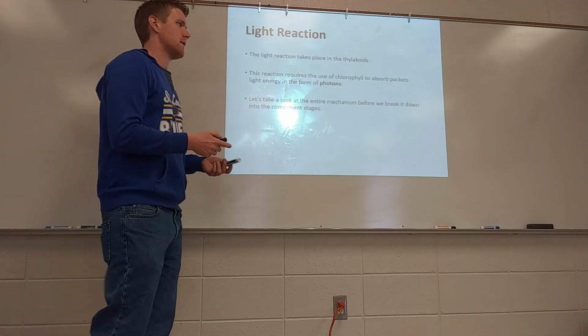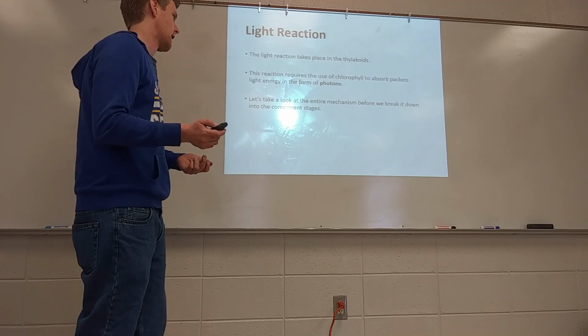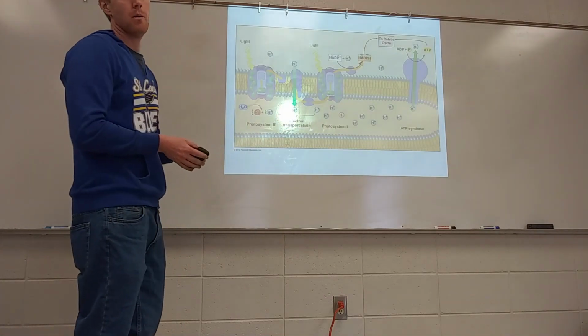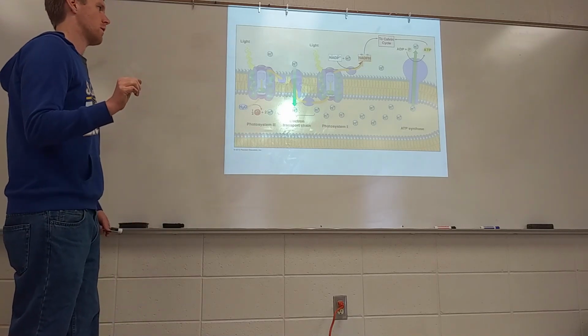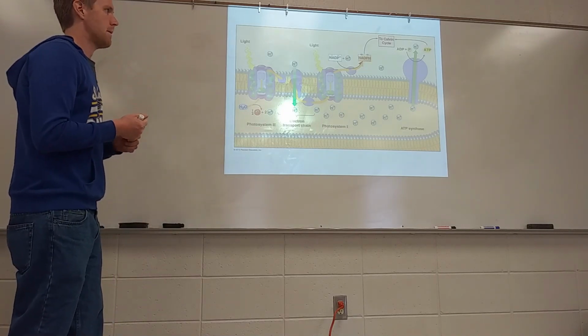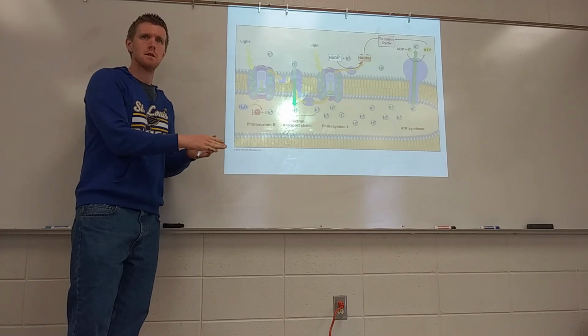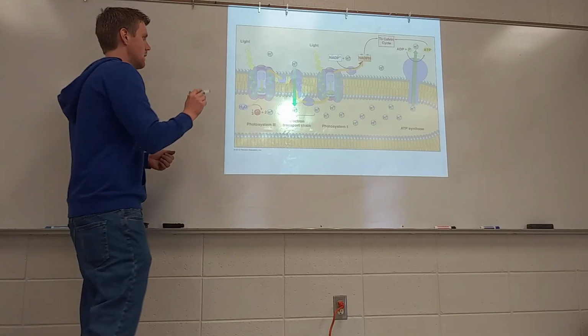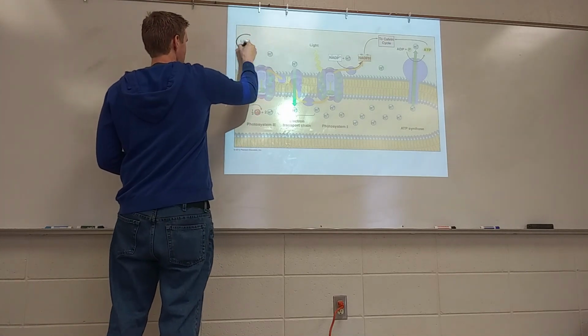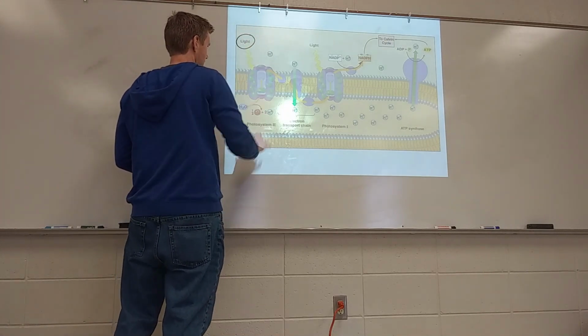I think it's best to look at the entire picture before we talk about the actual stages. Here it is. Oh boy, this looks just like the cellular respiration stage 4 that we talked about. I'm going to go through this, and hopefully this will make sense to you. Number 1, light energy hits the plant.